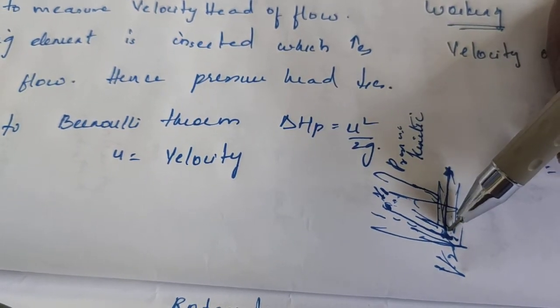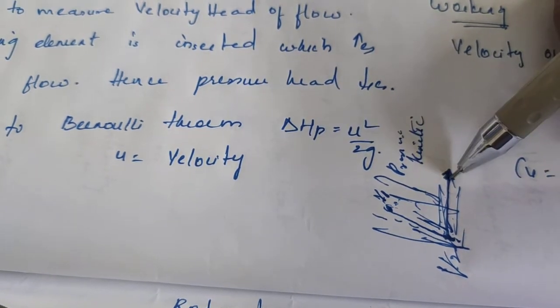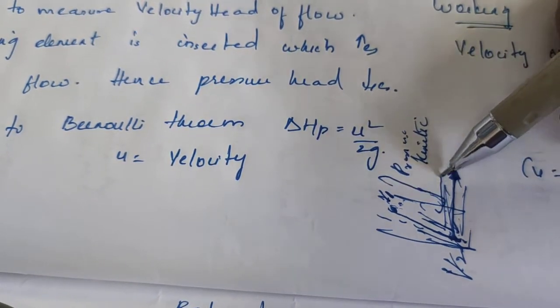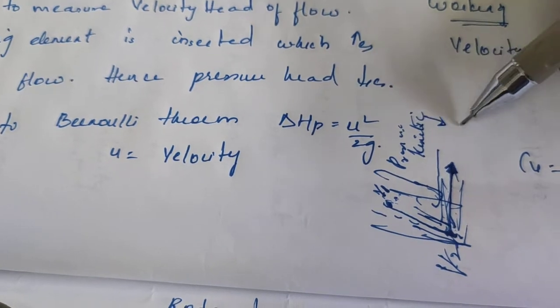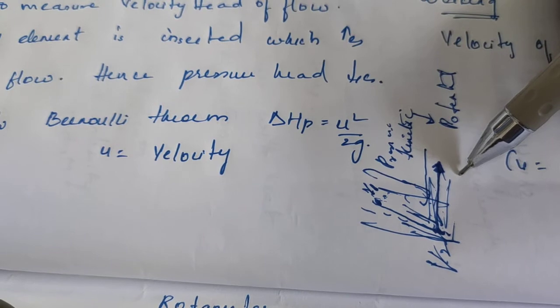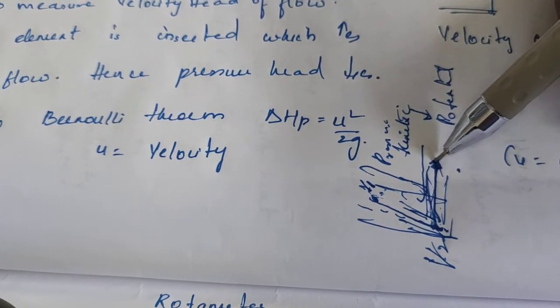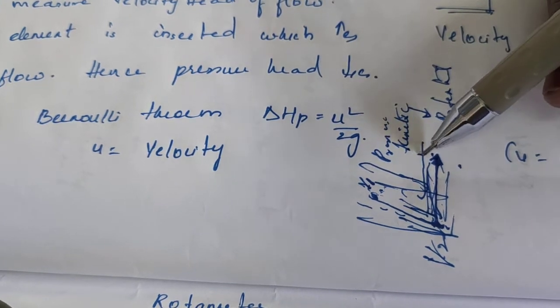Suddenly it strikes over there and moves to a particular height, until the kinetic energy is converted to potential energy. Till then the water level, meaning the fluid level, will move up, and after a particular level it will stop here.